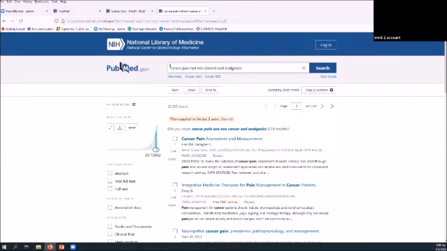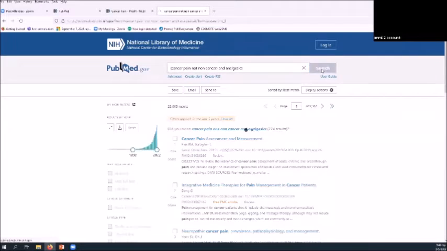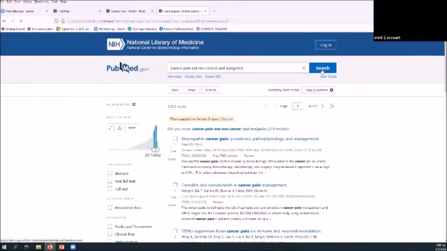Because there are two words, and not, yes. So it has narrowed it down, cancer pain, not cancer. Probably we need to, because there are too many words in pain, and they are retrieving for all the words.